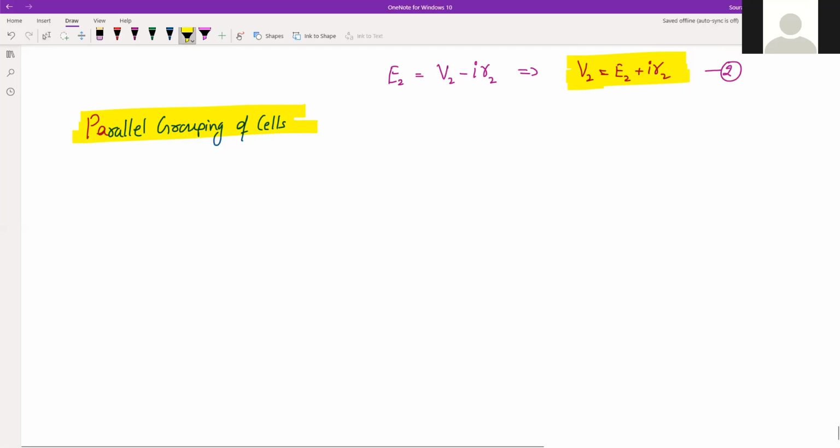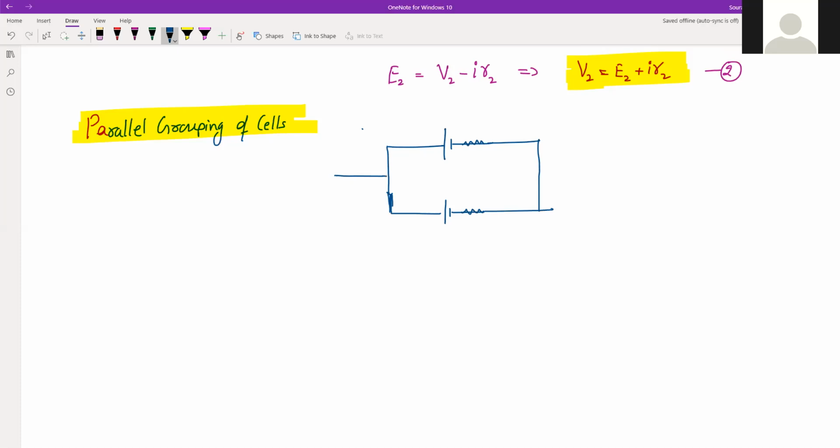It means we have cells, each with some internal resistance, connected in a parallel combination. That means two ends of the cells are joined together, and the other two ends are joined together, the other two points. So like this. And let us connect it like this.